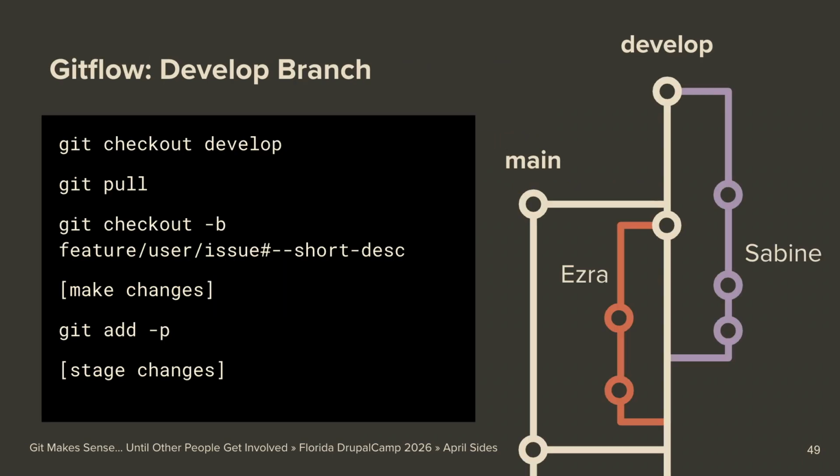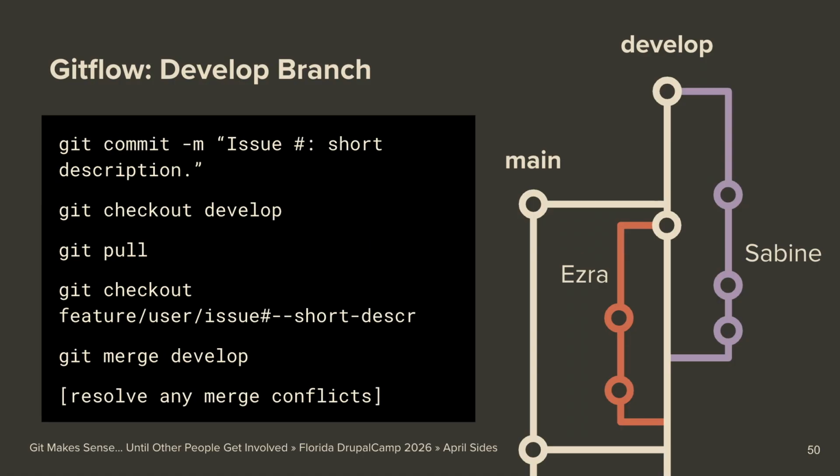All right, we're getting a little bit more complicated on the right here with the demo. So the workflow for a developer is going to be, you're going to check out develop instead of the main branch. So we're always working from that develop branch, and we are checking out and creating feature branches off of the develop branch. You make your changes, you stage your changes just as we've been doing.